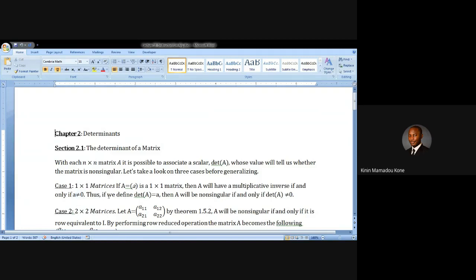And thus we define the determinant of the matrix A as the value a. Then A will be non-singular if and only if the determinant of A is non-zero.